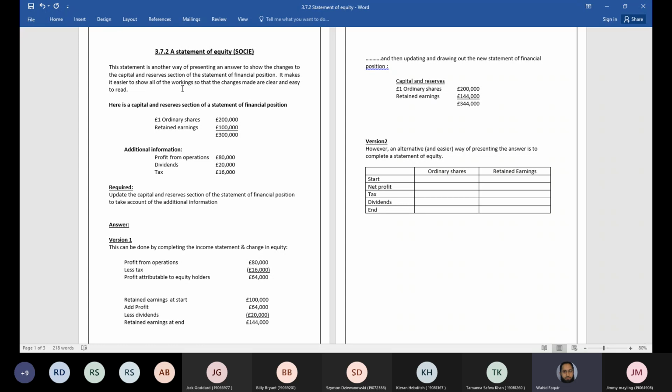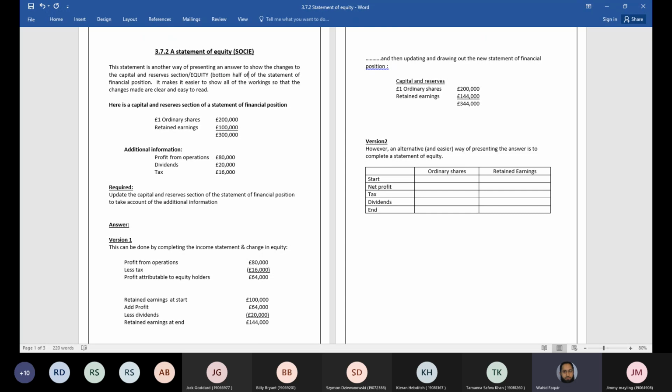This statement is another way of representing or presenting an answer to show the changes to the capital and reserve section of the statement of financial position. When we're saying the capital and reserve section, we are of course talking about the equity, the bottom half. Okay, bottom half, and I'll put that as well. Again, you're not going to be able to copy these notes that quickly.